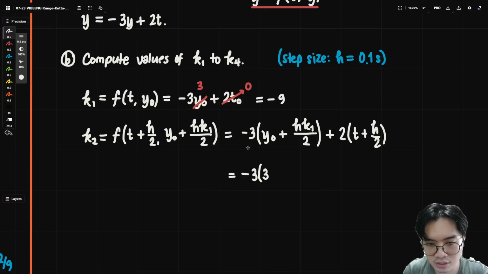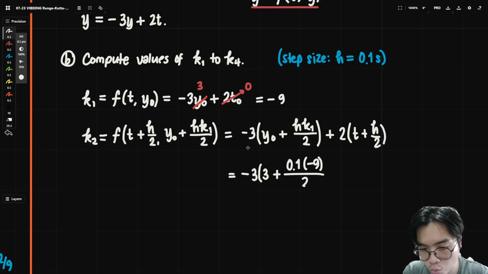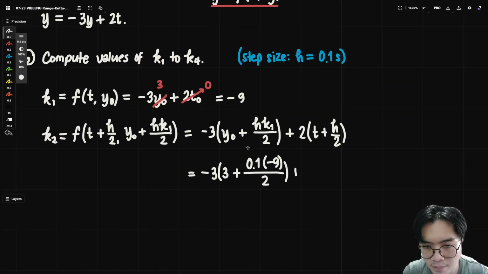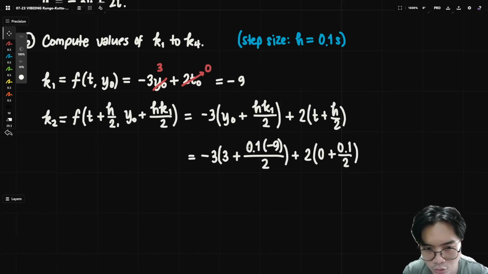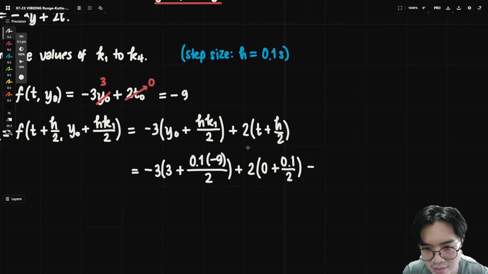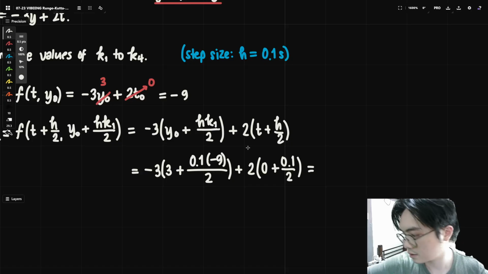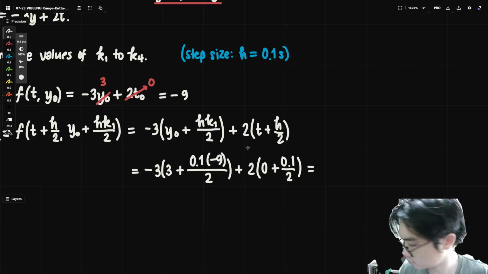Ang Y0 natin is 3 plus H is 0.1 times, ang K1 natin is negative 9 over 2. Right? And then plus 2 times T is 0 plus 0.1 over 2. So, you can grab your calculator. You can get this value.